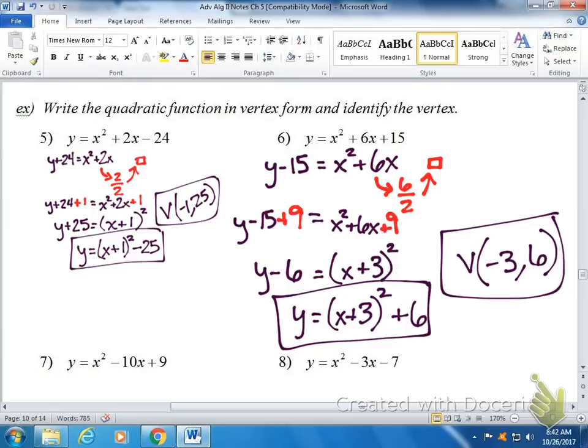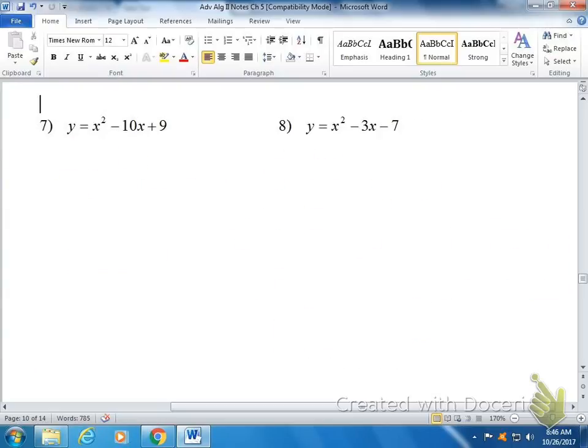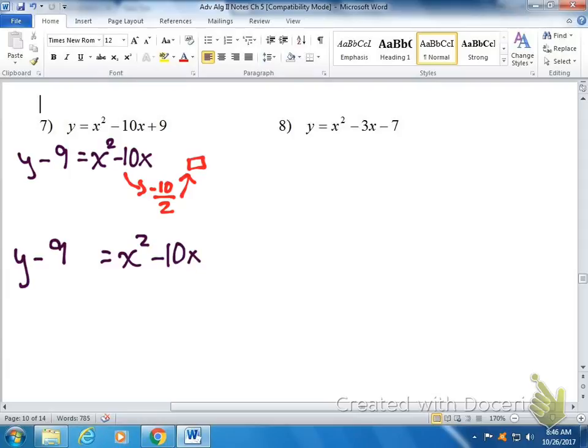On to the next example. Once again, I'm going to subtract 9 to the other side. I'm going to try to figure out, okay, negative 10 divided by 2, and then square it. And that's the number I'm going to add to both sides. So let's see. Negative 10 divided by 2 is negative 5, but squared, you're adding a positive 25 to both sides. We simplify and write the completed square.